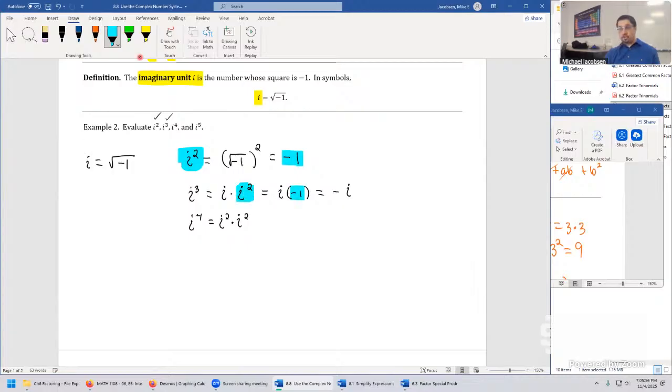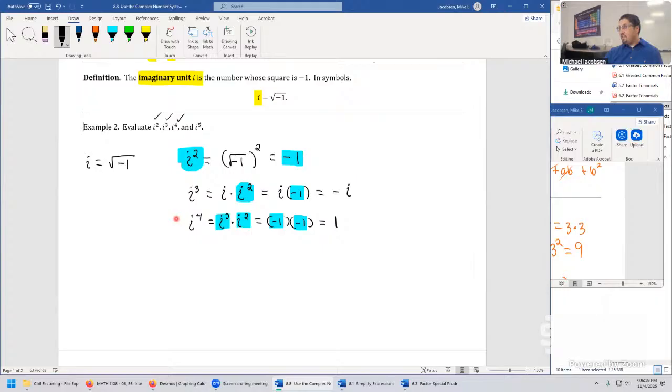So we made that substitution here. And now we can make the substitution twice in both of those spots. This is just equal to -1 times -1. But that means, very strangely as it seems, i to the power 4 is +1 out of nowhere. And this is where it starts to repeat.